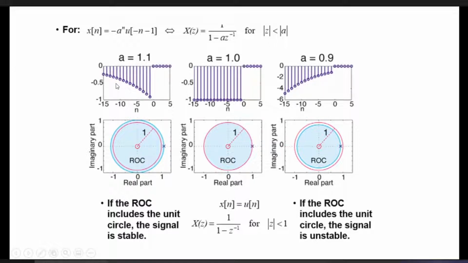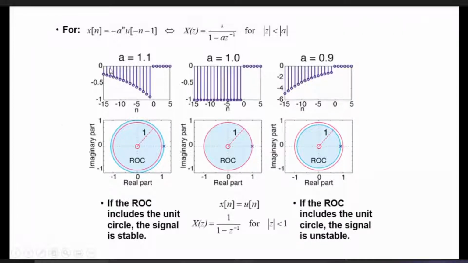Now, if the impulse response has this kind of function, let us say in place of xn it is hn, the impulse response is decaying and it is summable.